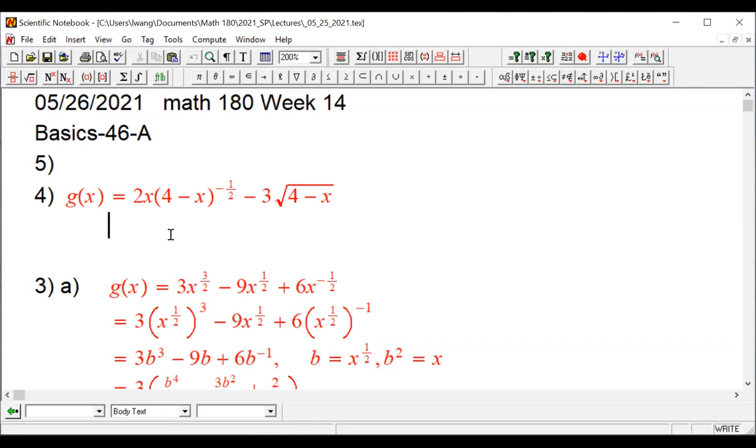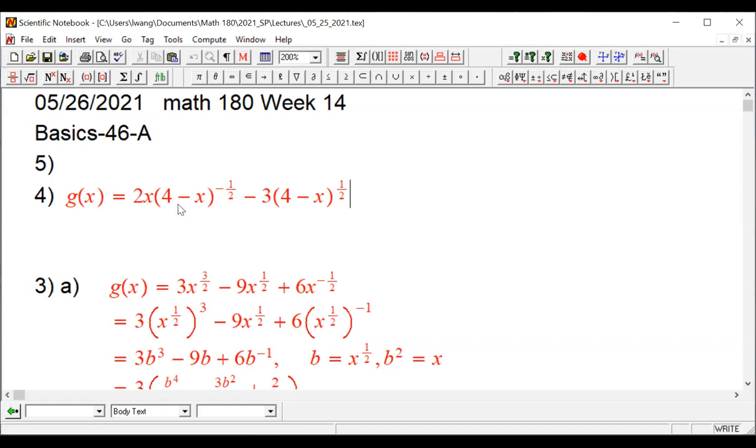In this situation, obviously, this is a 4 minus x raised to the power of half, right? So it's a different way of writing it. I want to give you the rule of thumb for how to reduce these kinds of functions.